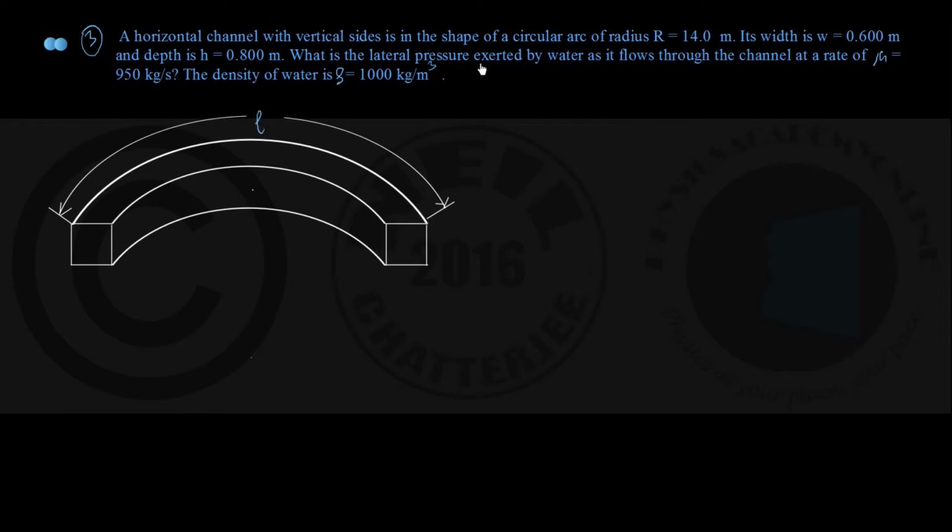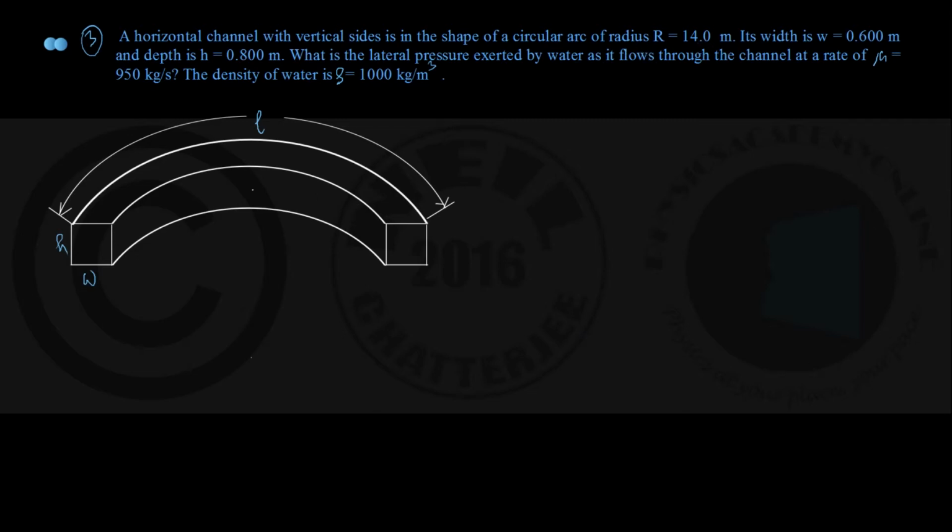They have talked about vertical sides, as you can see, that is a rectangular cross section of width W and depth H. In my figure, this is W given, this is H given, but I have chosen L myself, only a part of this whole channel. This also is a circular arc of radius of curvature R equal to 14 meters.